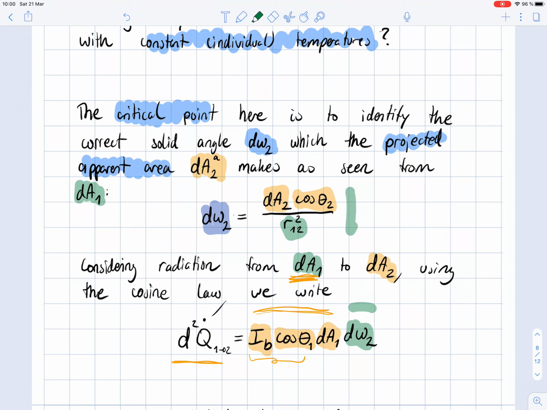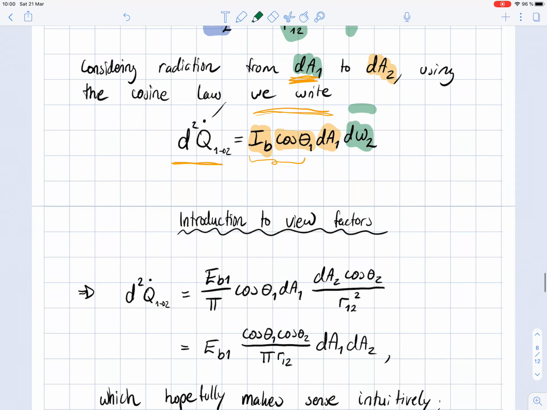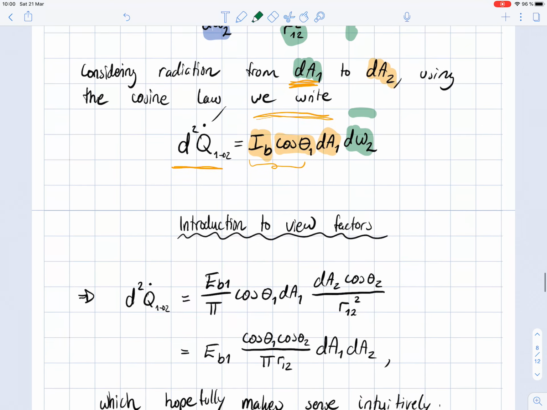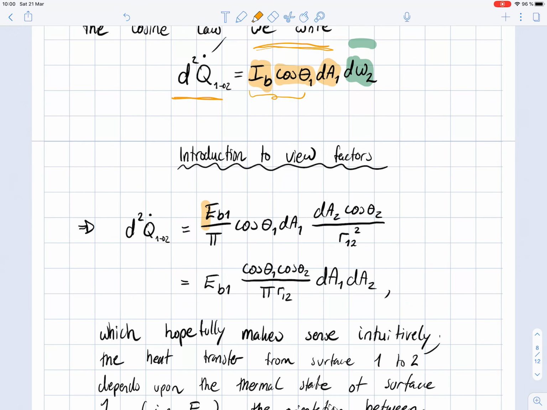We have the expression for dW2 here, so the next step is of course to substitute. And we also substitute for the value for the intensity. So again, we have EB1 over pi. This is just IB.